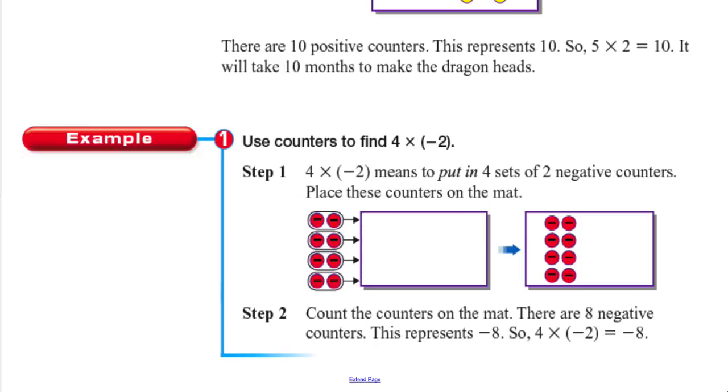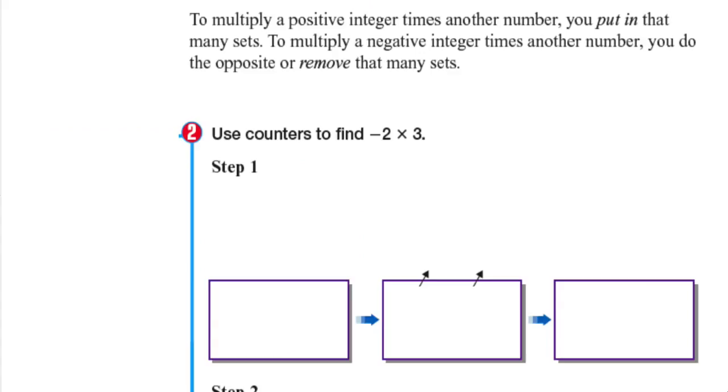Let's take a look at example number 2. To multiply a positive integer times another number, you put that many sets. This is important because this is how you multiply negative integers. To multiply a negative integer times another number, you do the opposite, or remove that many sets.